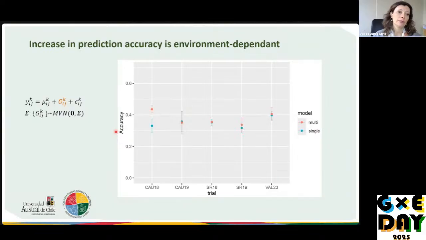And then we were a bit less happy because the results were not as positive as we wanted, but we still need to work a little bit on which traits or which summaries we need to include, because again, as for the simulated model, we saw that in some environments, like Cauquenes, we had a big improvement in prediction accuracy when we include different traits, but in others, almost nothing.